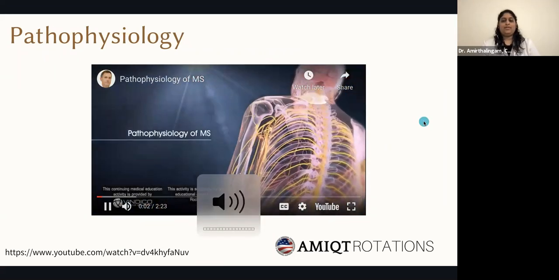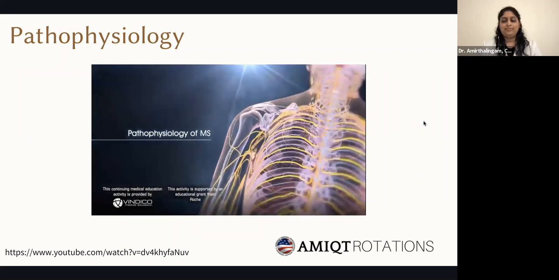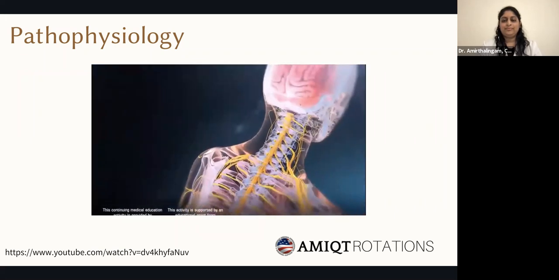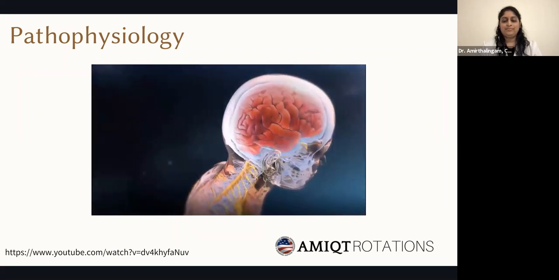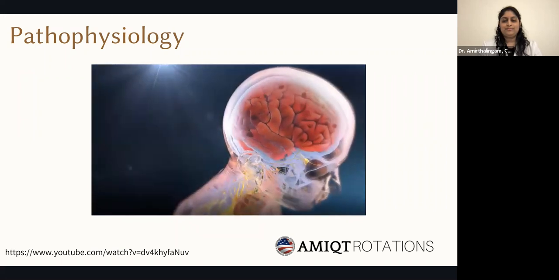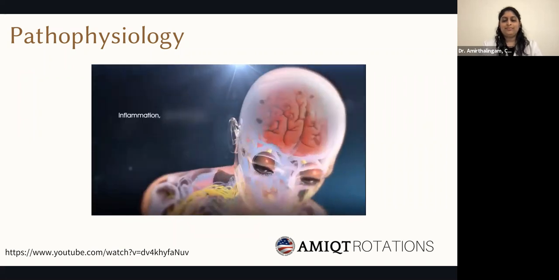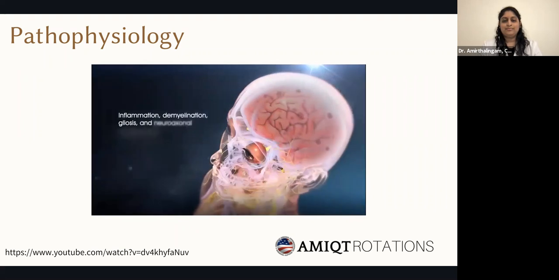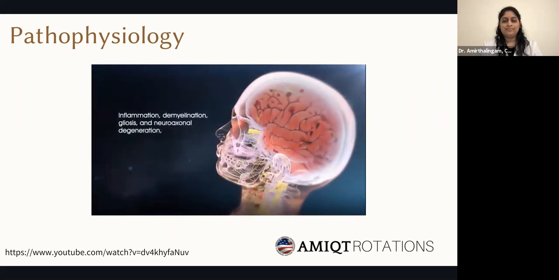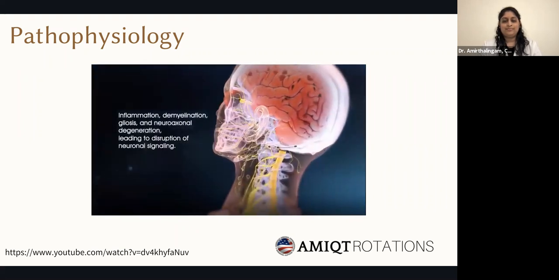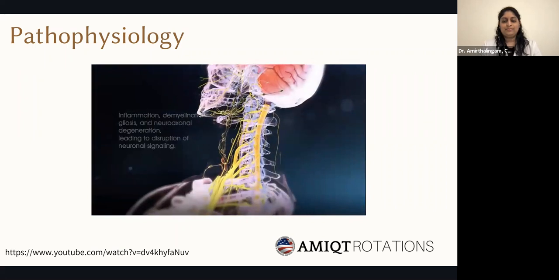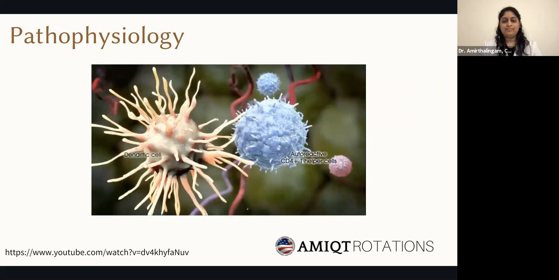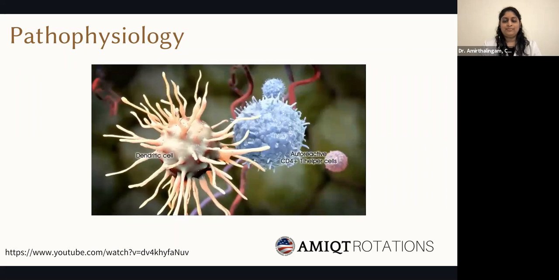Pathophysiology of MS. CNS lesions are a hallmark of MS and are caused by immune cell infiltration across the blood-brain barrier that promotes inflammation, demyelination, gliosis, and neuroaxonal degeneration, leading to disruption of neuronal signaling. Initially, autoreactive CD4 positive T helper cells are activated.